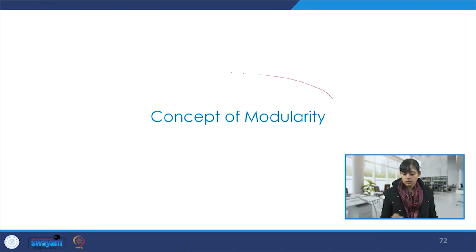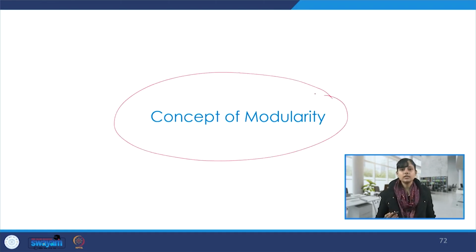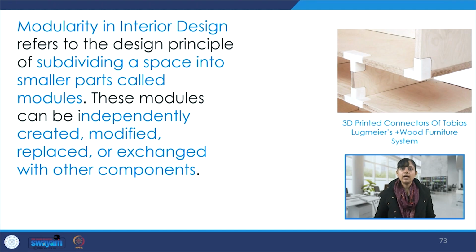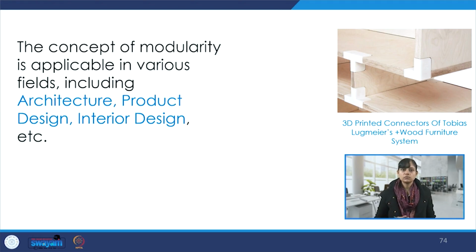Then we talked about the concept of modularity, how crucial it is when we talk about interior architecture projects, and how it helps in subdividing a space into smaller parts, and then how it could be used not just in terms of space or architecture, but also in product design, interior design, and diverse domains on different scales.